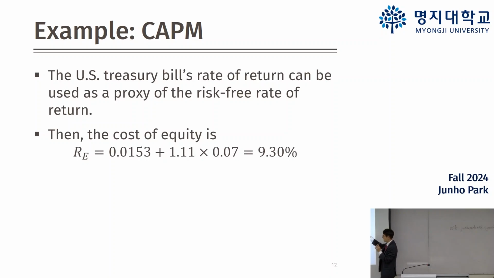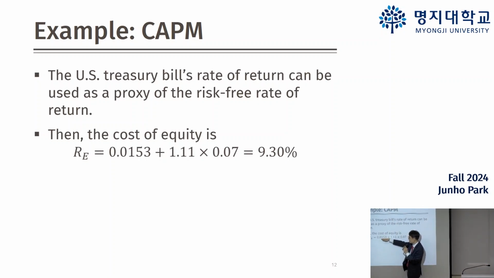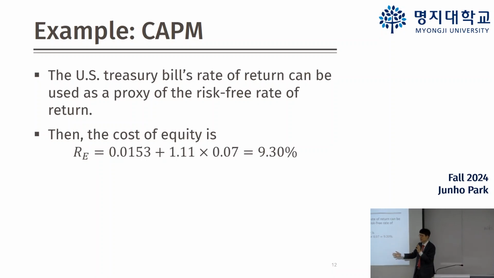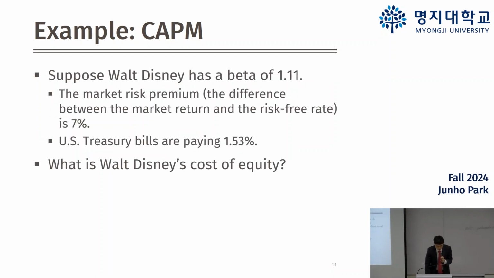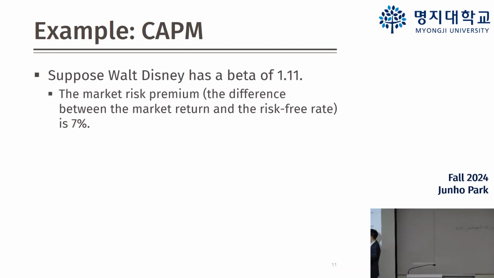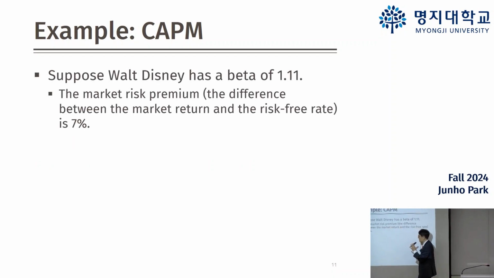So the cost of equity is the risk-free rate of return, 0.0153, because this is 1.53%, plus beta, which is 1.11, times the market risk premium, 0.07. However, you need to check before your calculation, because sometimes the problem will give you the market risk premium itself, but on the other hand, the question may give you the market return.